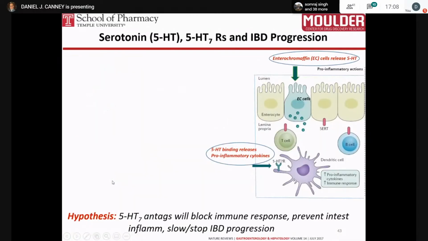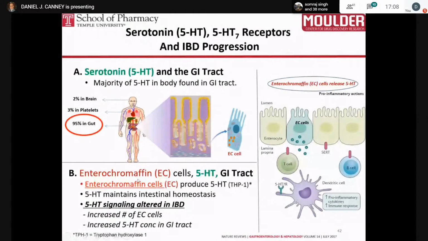And there's cells in the GI tract, enterochromaffin cells, which produce serotonin with the enzyme tryptophan hydroxylase 1, right? So people have done studies, and I'll talk about some of them in a minute, where they've shown that serotonin signaling is actually altered in inflammatory bowel disease.